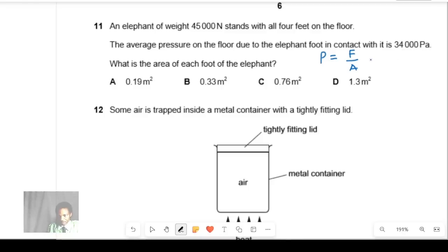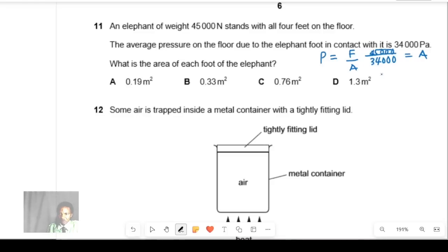So we have 34,000 Pascal. Then we use that to divide 45,000, and that will give you the total area of the feet of the elephant.